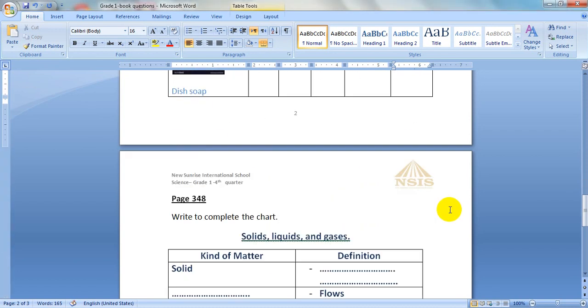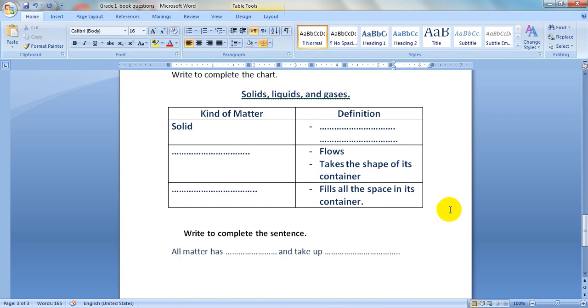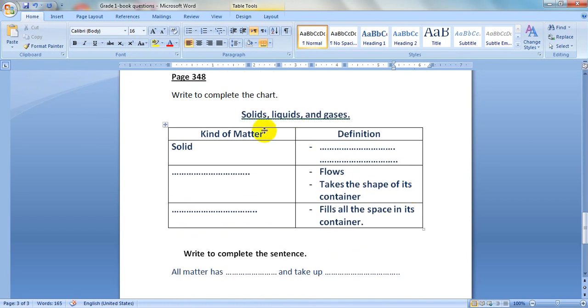Okay, now we will move to another page, page 348. You have a chart here, you need to complete it. It's about solids, liquids, and gases. Here, it's talking about solid. What is the definition of a solid? Does it have shape, or it takes the shape of its container, or it fills all the space in its container?